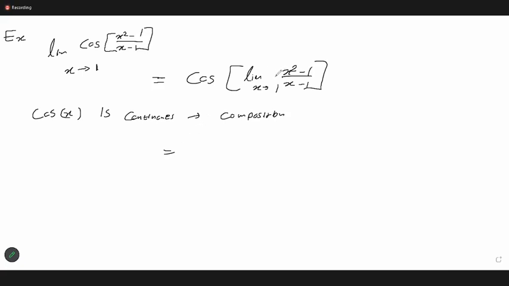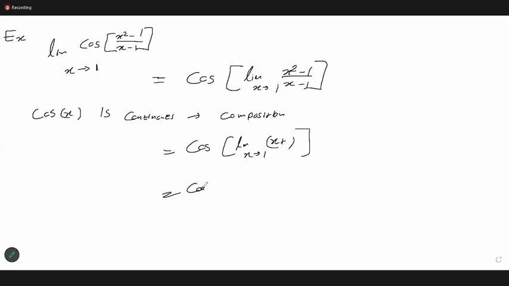First you can just plug in the value 1, then we get 0 divided by 0, that means there is a hole, right? If it is a hole, you can find the factors. So in here x squared minus 1 means x minus 1 times x plus 1. You can remove x minus 1, and the remaining part is x plus 1. So you can write this one like this, and next is x plus 1.